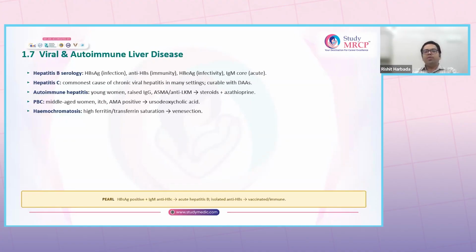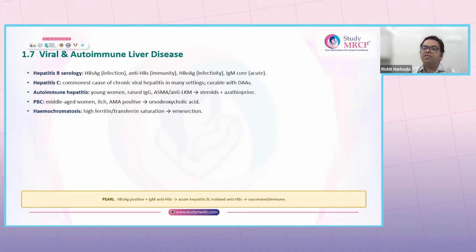So in hepatitis B, you will always be asked regarding the serology. If HBsAg, that is hepatitis B surface antigen, is positive, it means that the patient is infected. If the anti-hepatitis B surface antibody, anti-HBs, is positive, it means that the patient is having immunity.